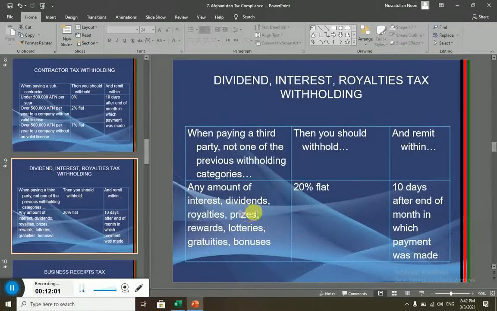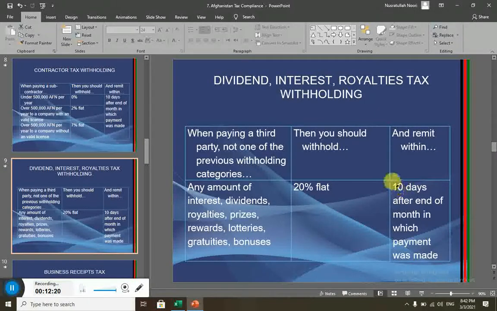Before making payment to anyone, to a third party, we are required to withhold 20% flat, right? This 20% will be remitted to the Ministry of Finance account, and the remaining net amount is going to be paid to the third party.